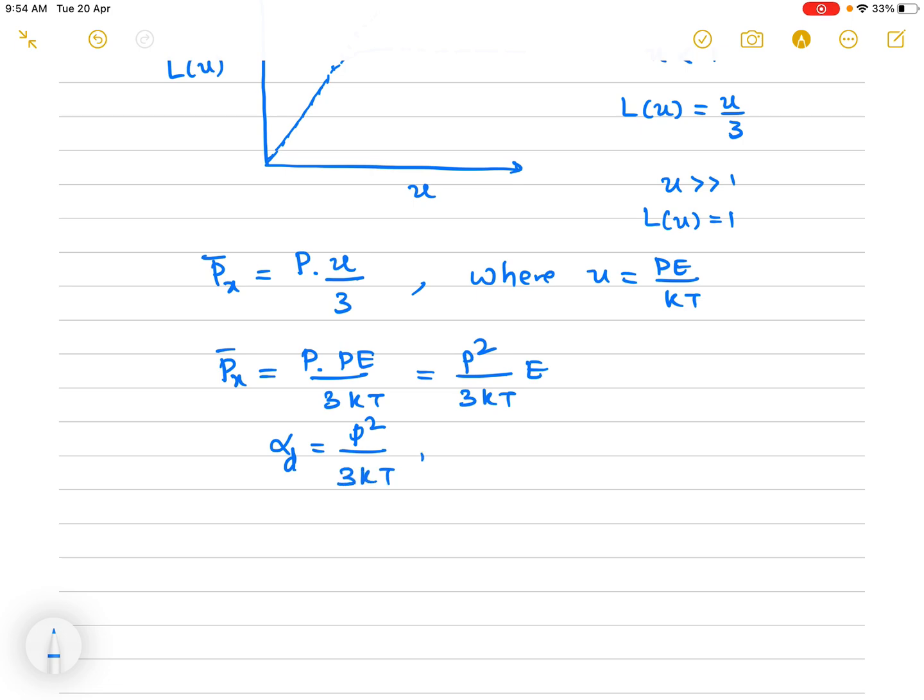So the total polarizability is due to electronic polarizability, ionic polarizability, and dipolar polarizability.